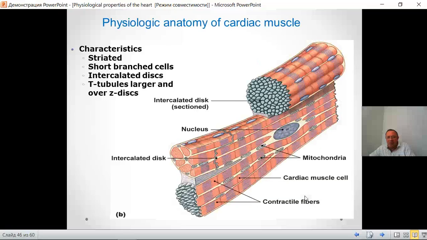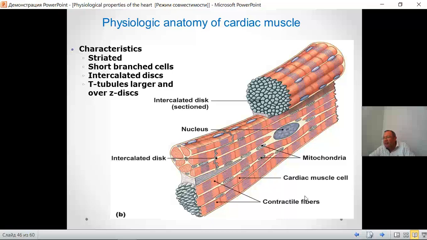Physiologic anatomy of cardiac muscle. The figure shows the histology of cardiac muscle, demonstrating cardiac muscle fibers arranged in a latticework, with the fibers dividing, recombining, and then spreading again.